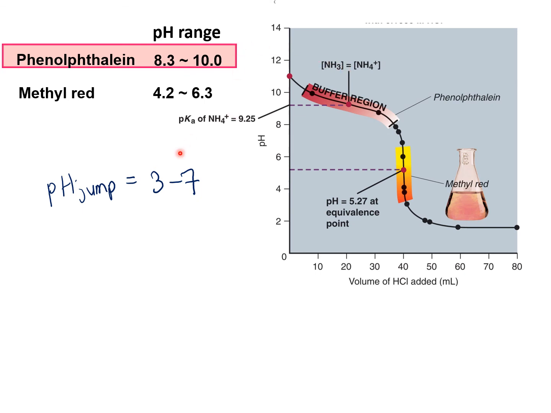Sebab apa? pH jump of a weak base and strong acid is within 3 to 7. Kalau kita guna phenolphthalein, dia hanya akan berubah warna bila dia sampai 8 hingga 10 pH dia. So, memang kita takkan dapat. We will not get the sharp endpoint.